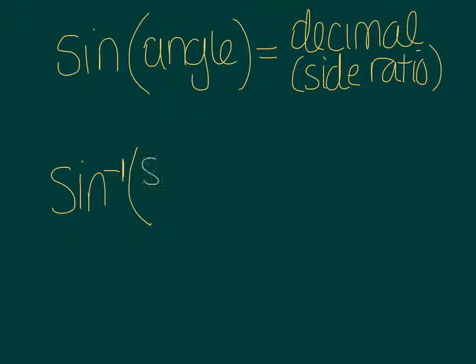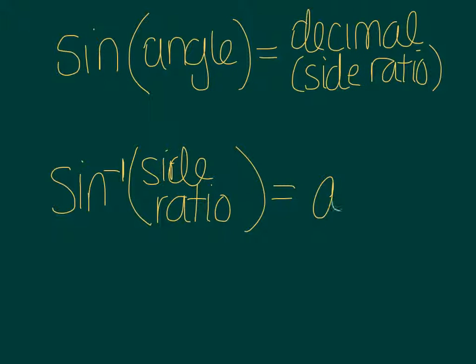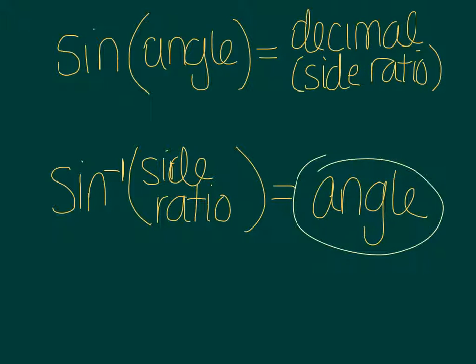It takes the side ratio as input and spits out an angle. So you can always decide which you're using by what you're trying to find. If you want an angle, you're going to use the inverse sine. If you want a side, you're going to use the regular sine.